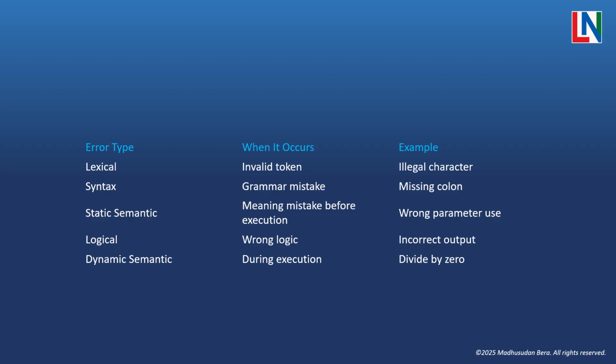Static semantic error, meaning mistake before execution, for example, wrong parameter use. Logical error, wrong logic, for example, incorrect output. Dynamic semantic error, it occurs during execution, for example, divide by 0, etc.